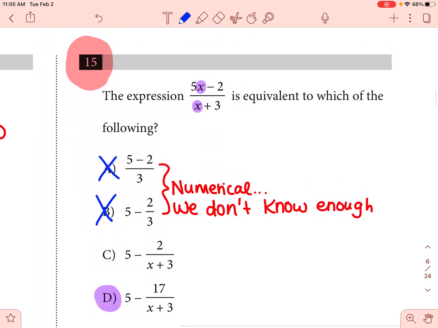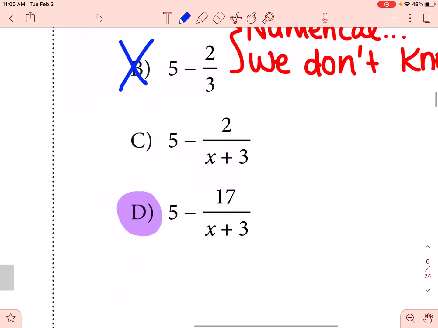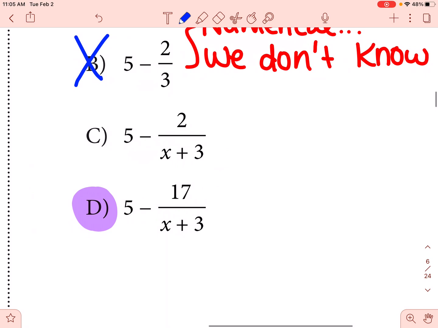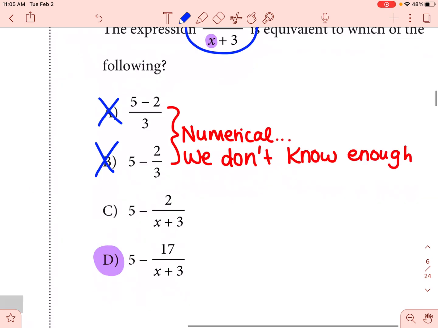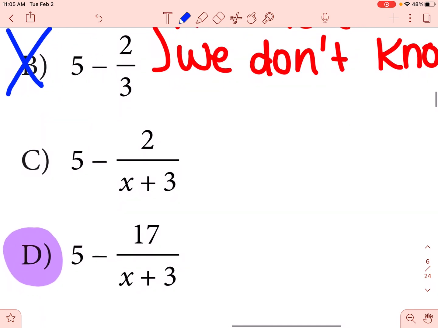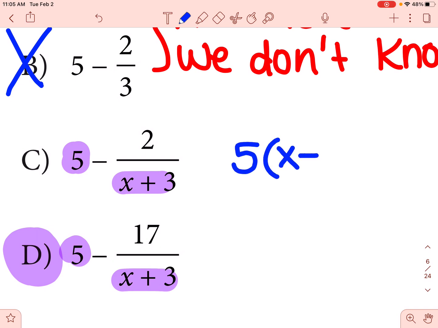What I would do here is take these answer choices and get a common denominator and see if when we combine everything up, we get back to the original problem. So for both of these, they start with a 5 and both have a denominator of x plus 3. So to get the common denominator, this is algebra 2.